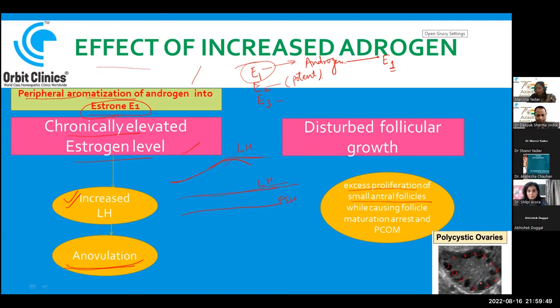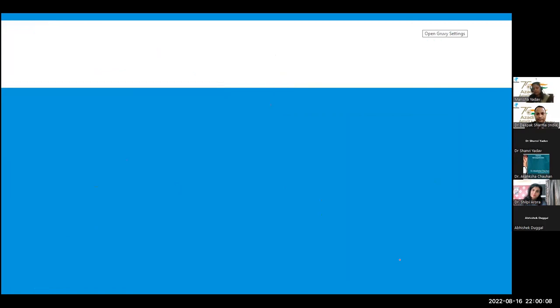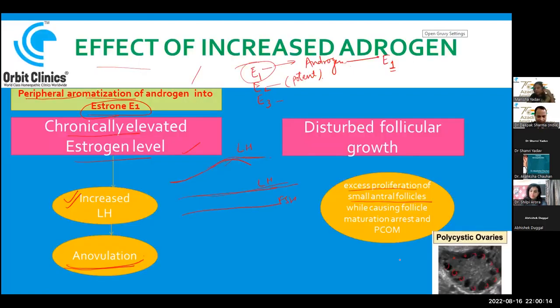So polycystic ovary is again because of increased androgen, and these increased androgens cause excessive proliferation of small antral follicles present in the ovary, and prevent them from reaching maturity. So this is the effect of androgen excess in the body. It will lead to anovulation. It can lead to the polycystic ovary morphology.